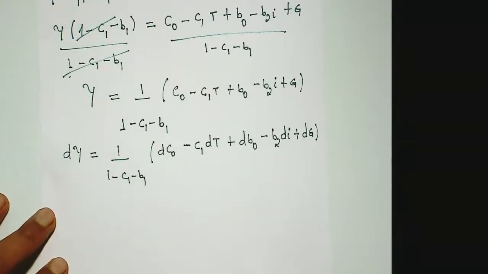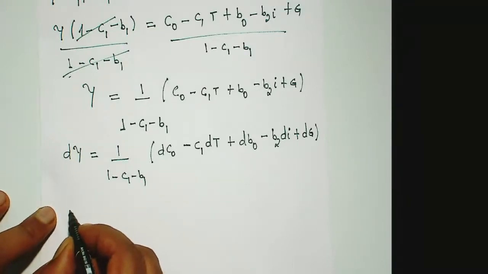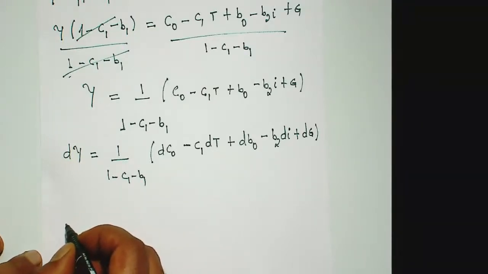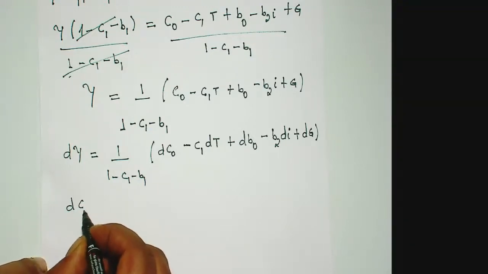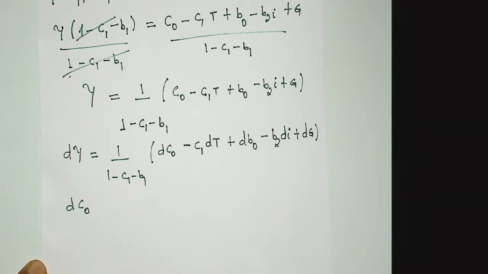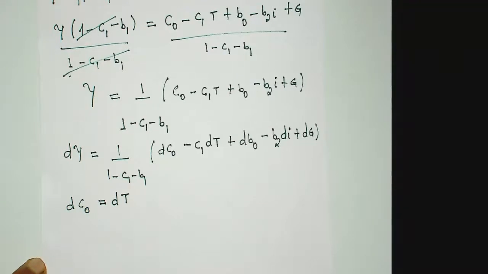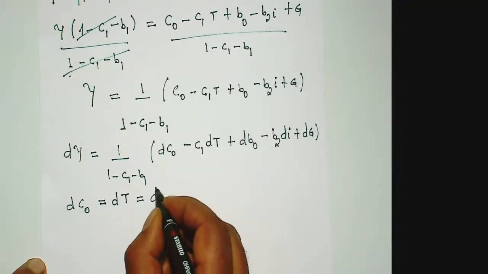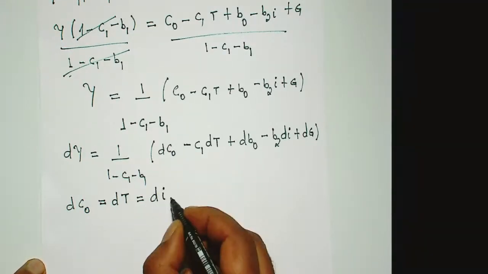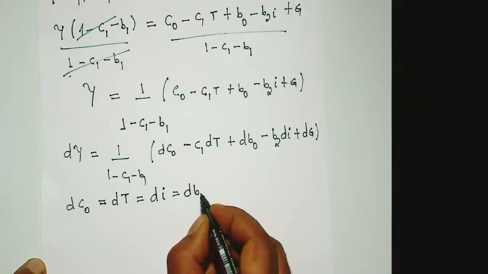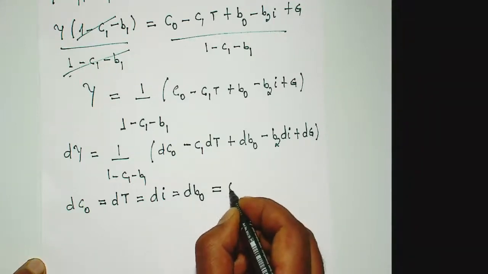Here the information that we are given is regarding the increase of government spending. So our other terms, d of C0, would be equal to d of tax, would also be equal to d of I, and would also be equal to dB0.